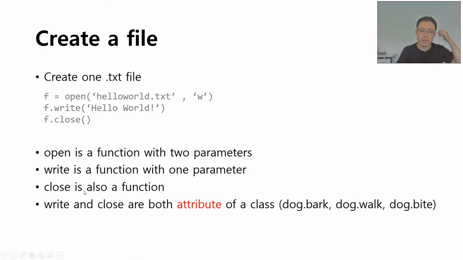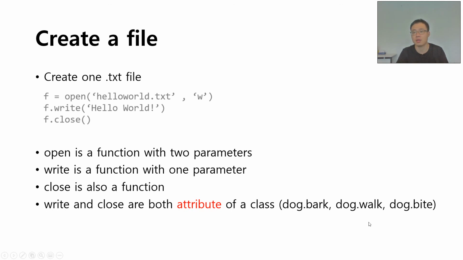Remember that write and close are both attributes of a class. What is a class? A class, in English, is a group of similar objects, similar things. For example, dog. You can create a class of dog. And dog has several attributes, say bark. The dog can bark, the dog can walk, the dog can bite.